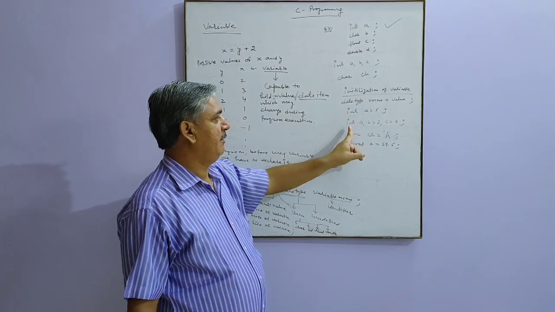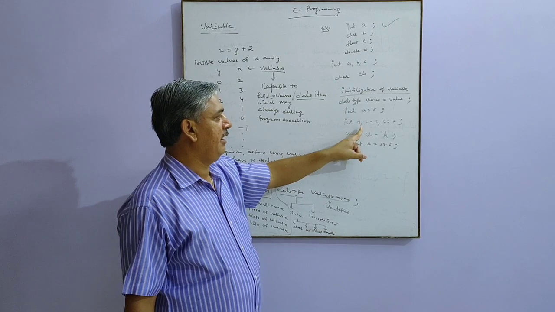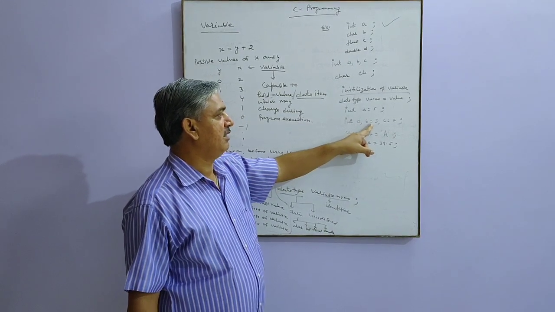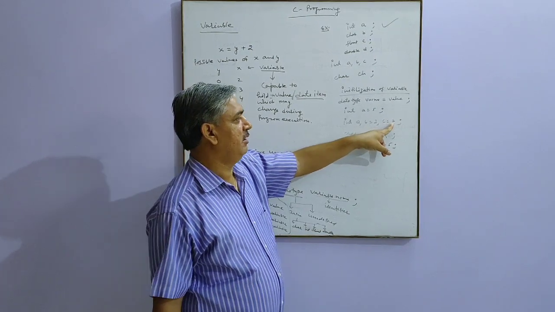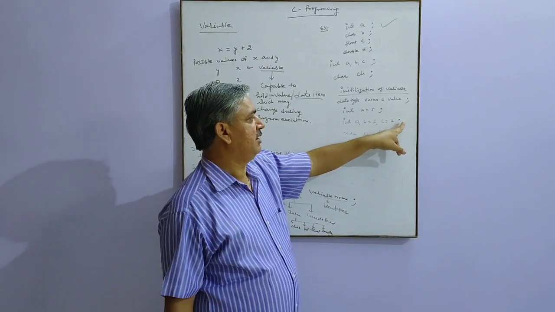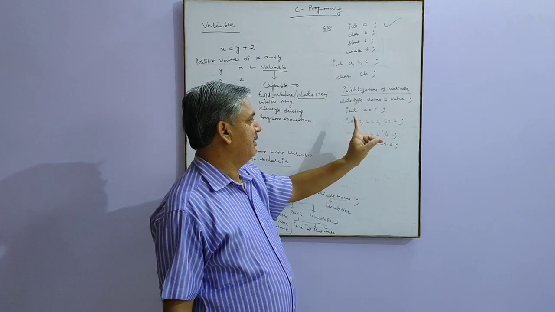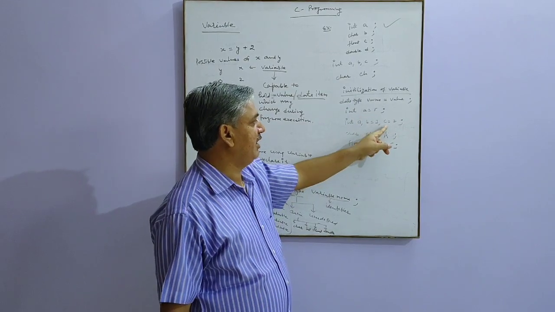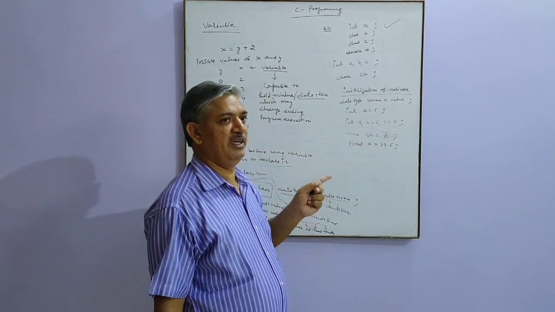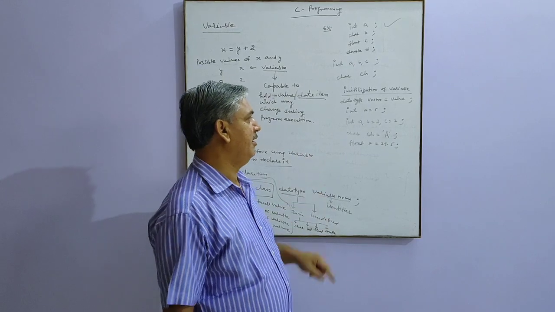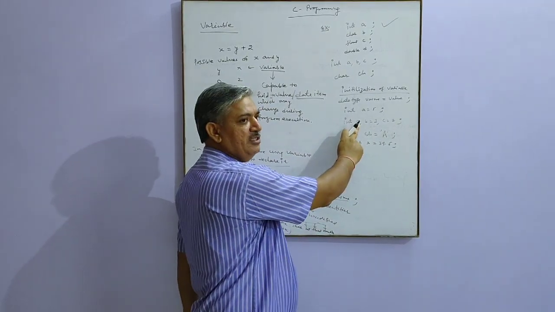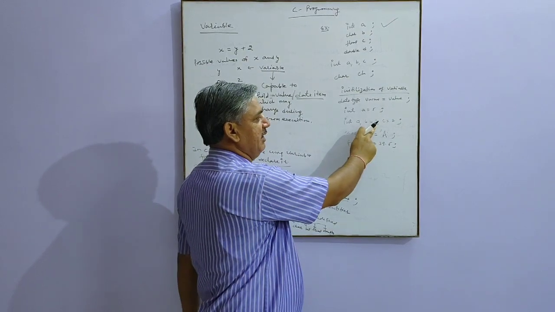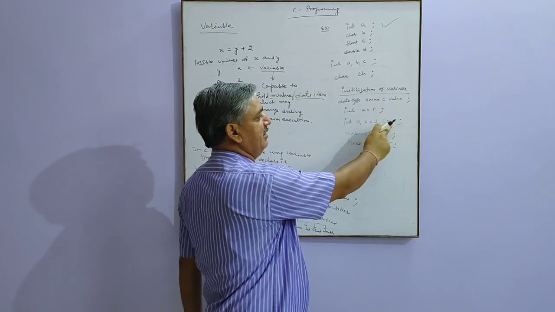Similarly, int A, comma, B assignment operator 3, comma, C assignment operator 5 semicolon. It means there are three variables of integer type: A, B and C. But here A is not initialized, B is initialized by 3 and C is initialized by 5.